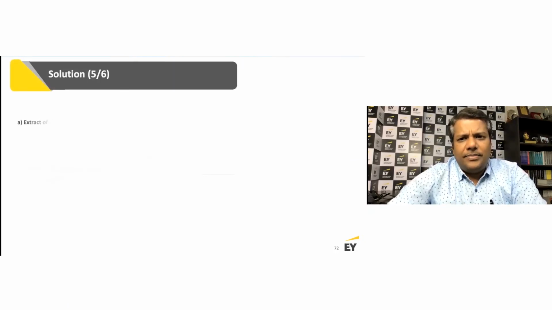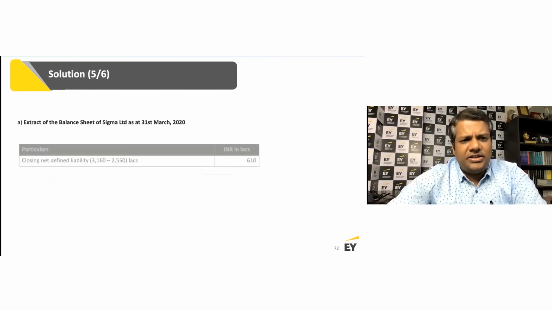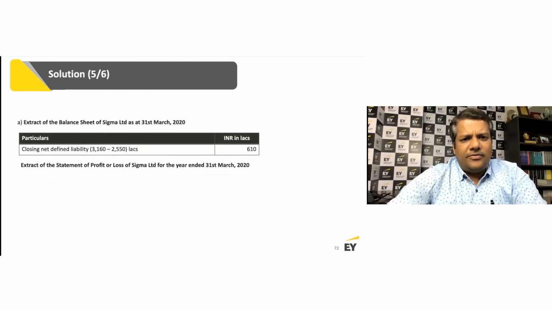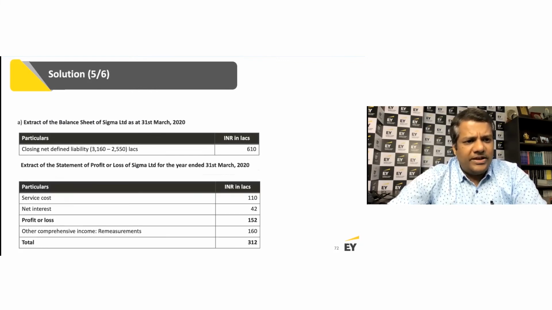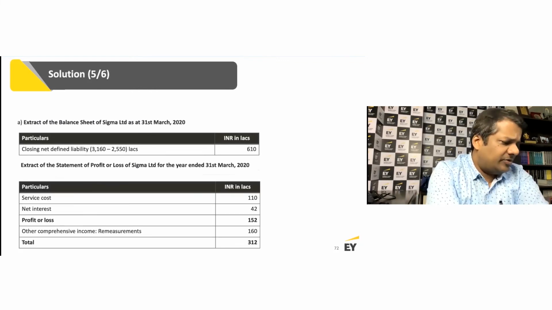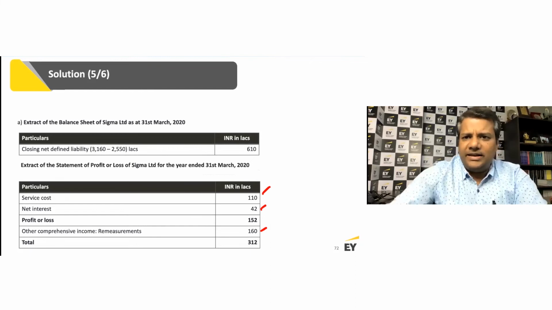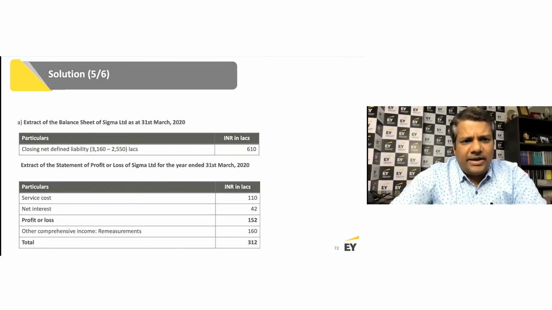So if you look at the extract of the balance sheet, I have a closing net defined benefit liability. From a P&L, I have all of this, which is what I was saying, my service cost, my net interest cost, and my other comprehensive income. All of that is 312 is what I get here.